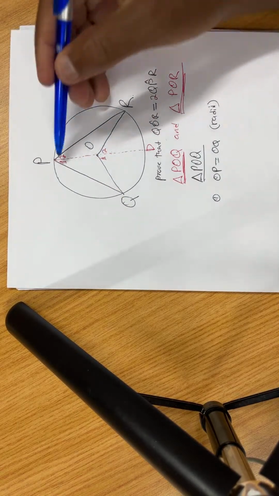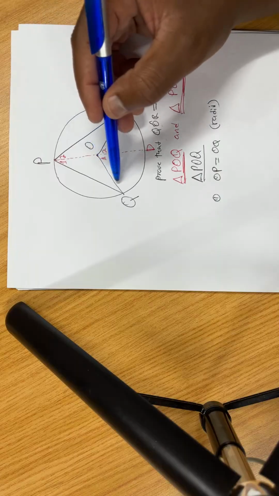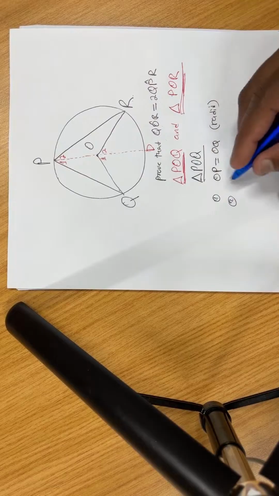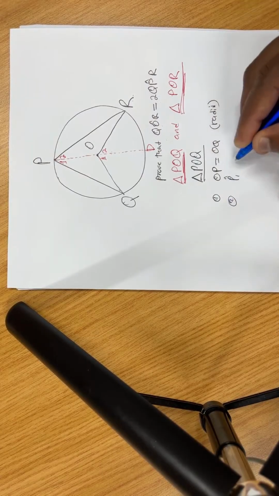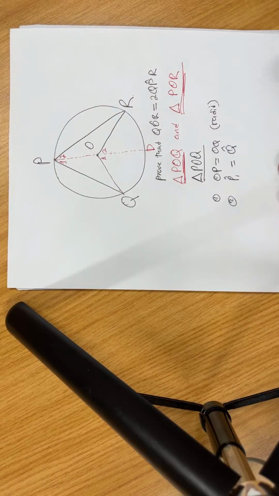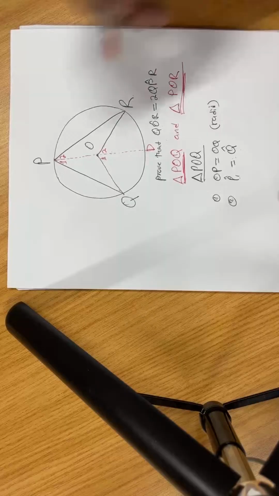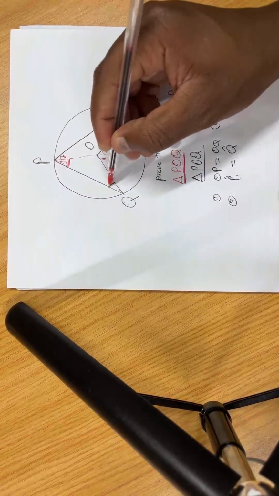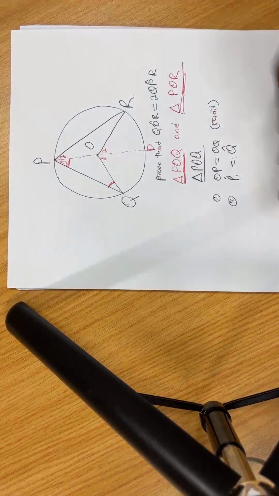Alright. If one side equals another side, then angle P1 is equal to angle Q. Why is angle P1 equal to angle Q?